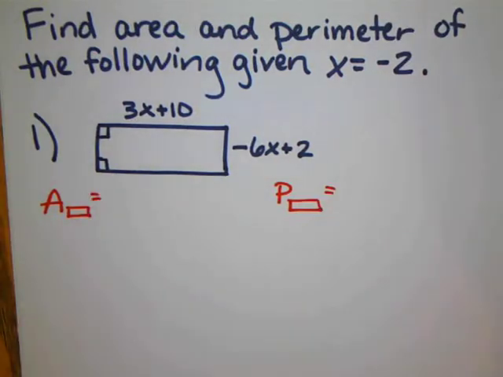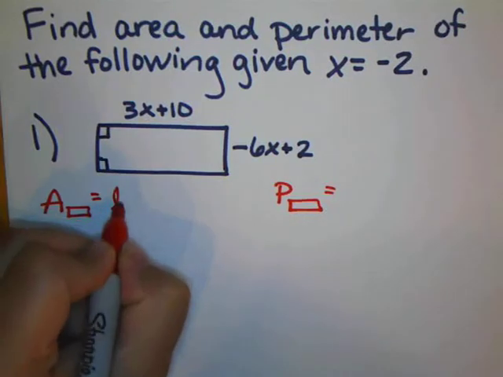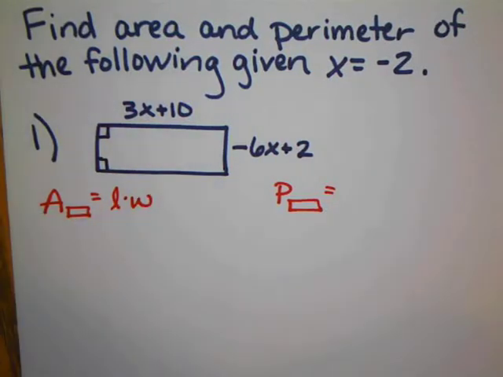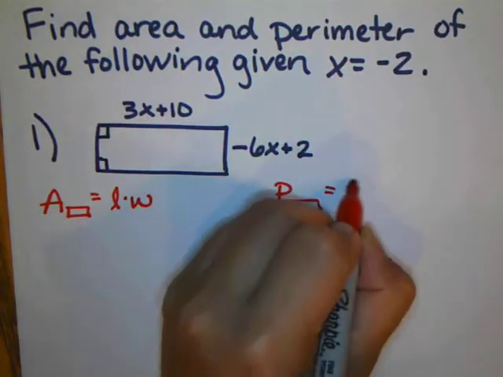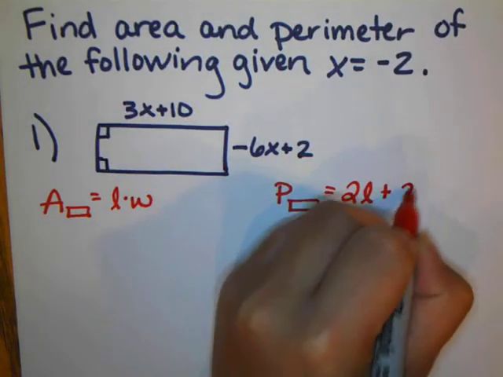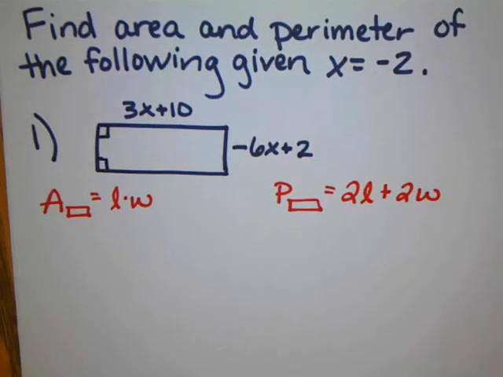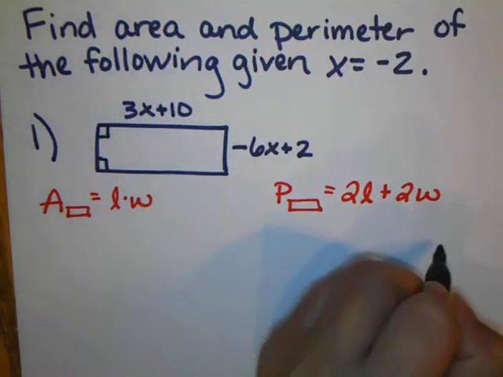If you go back and check, the area of a rectangle is length times width, and the perimeter of a rectangle is 2 times our length plus 2 times our width. So given that information, I need to find length and width. Off to the side here, I'm going to find my length.